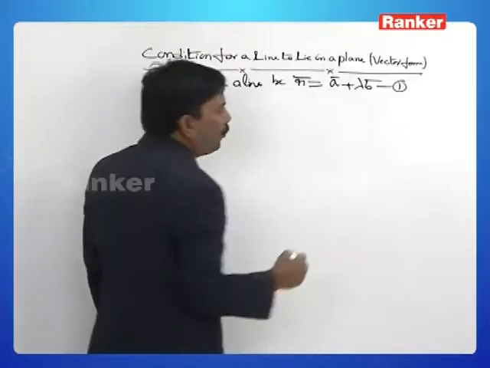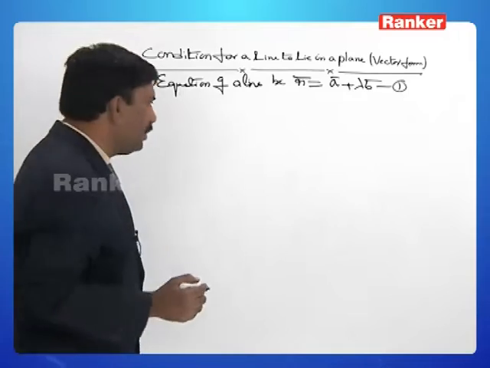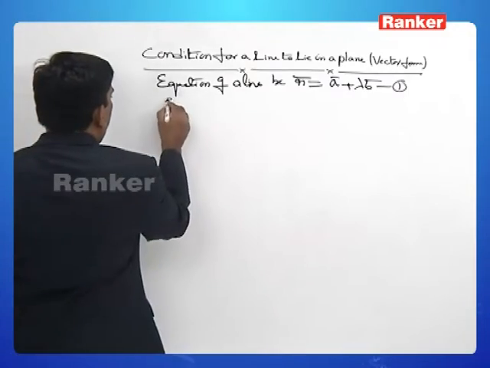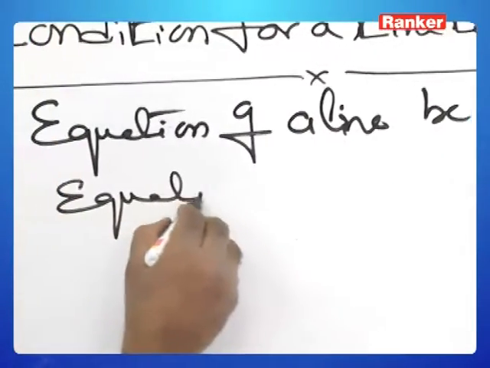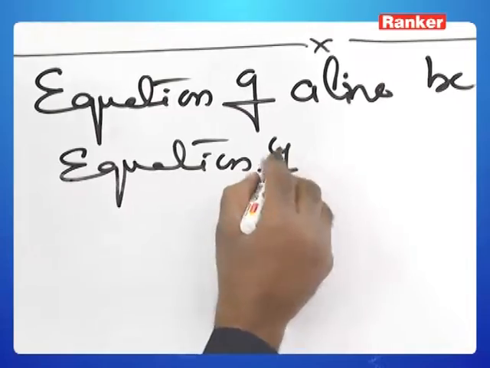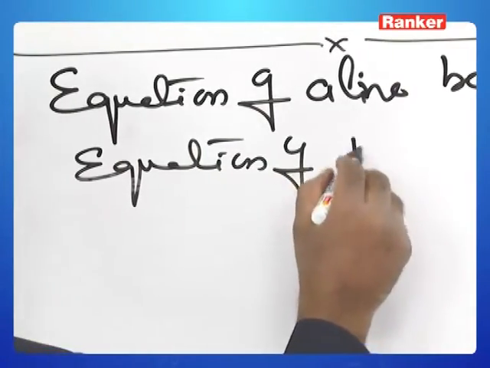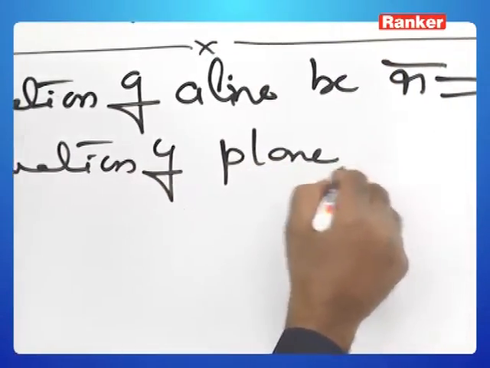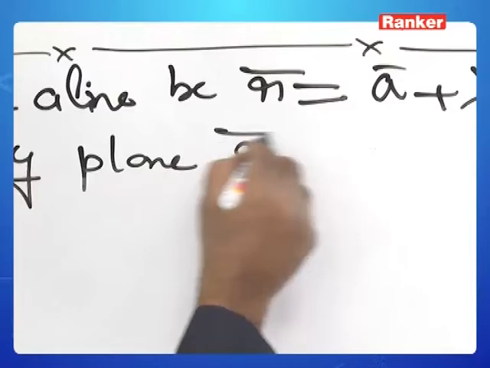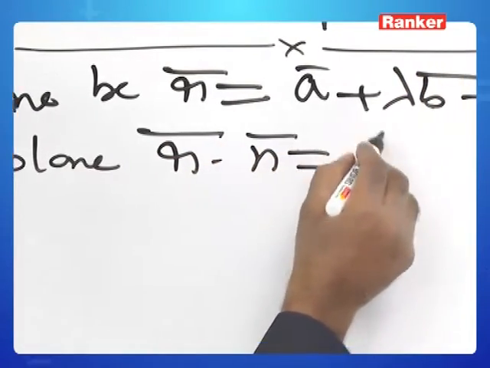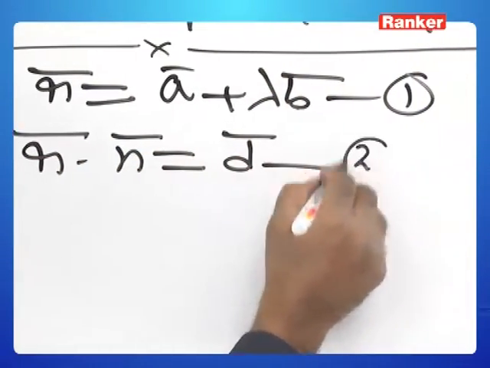You call it as 1. And the equation of a plane in vector form is r bar dot n bar is equal to d. You take 2.